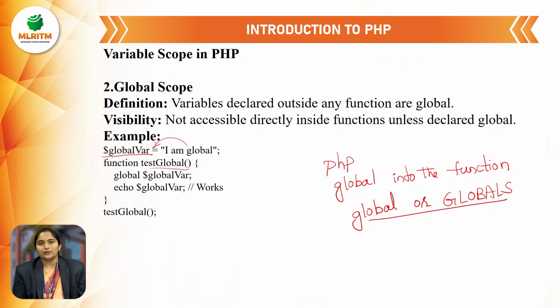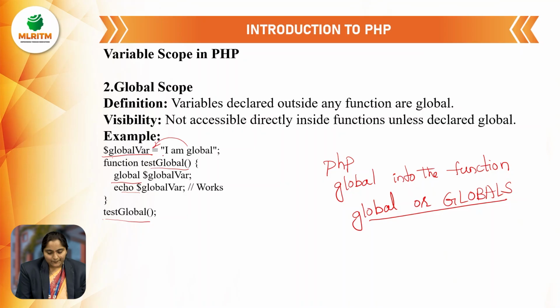These two keywords are used to access global variables inside the function. And here I have used the global keyword to access the global variable. And see, here I am printing this global variable, and I am calling text global function.